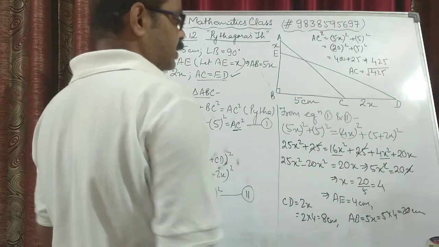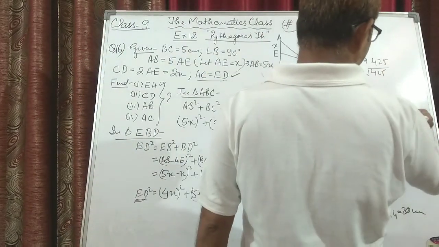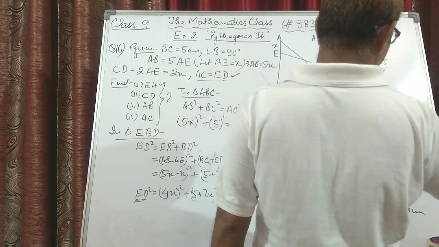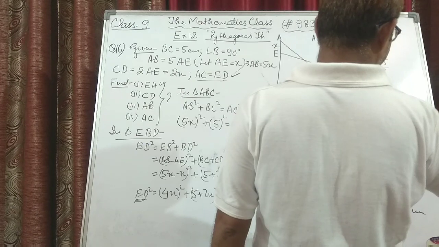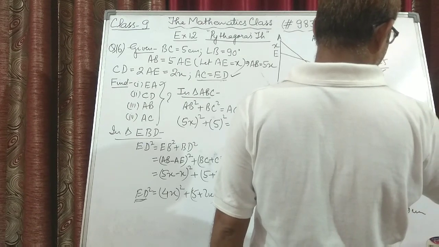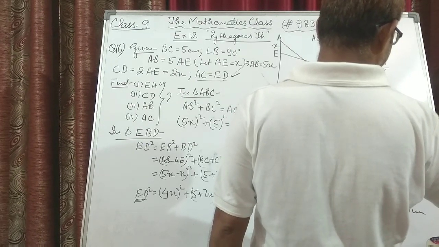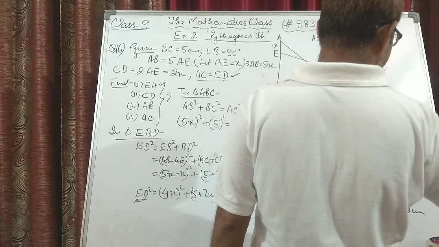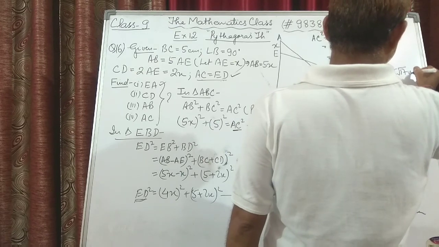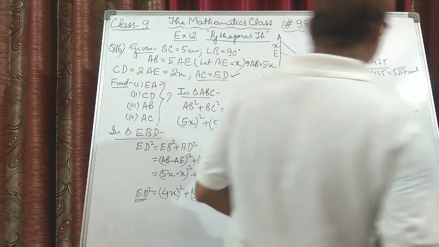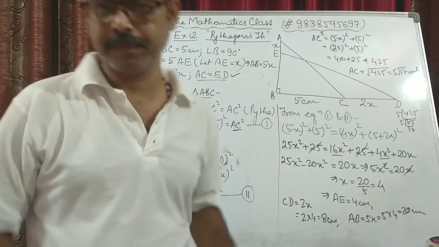You can calculate the root of 425. 5 8s are 40, 5 5s are 25, 5 1s are 5. It means this can be written as 5 under root 17 units or 5 under root 17 centimeter.